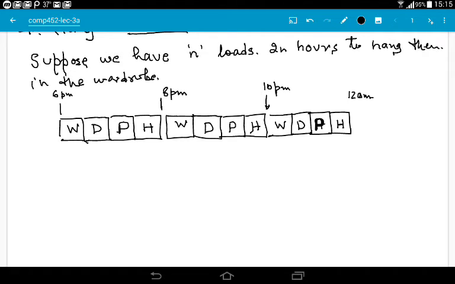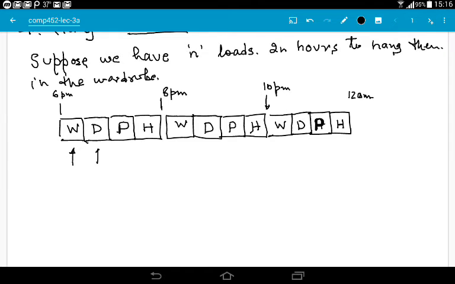Now let's suppose that we have 4 guys at our disposal. So which 4 guys are going to help me in doing this laundry? Okay, let's say that Irfan Iqbal is standing on washer.